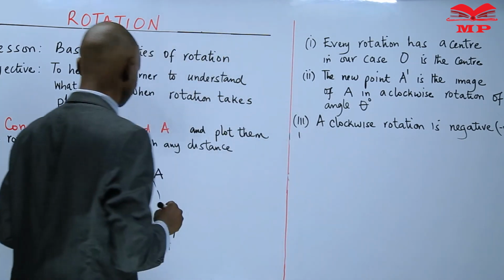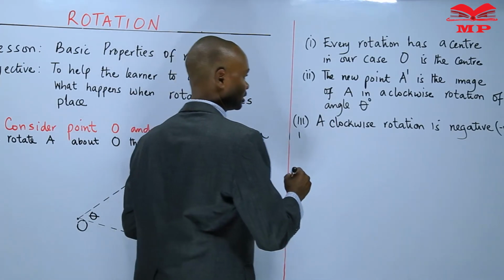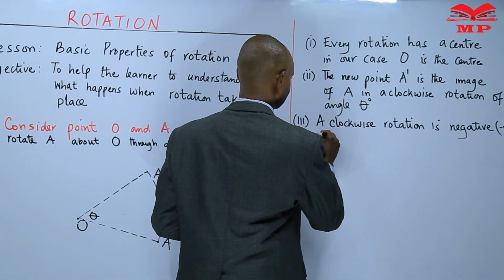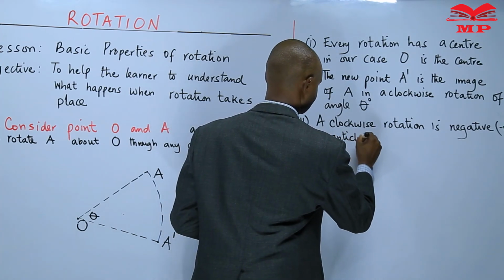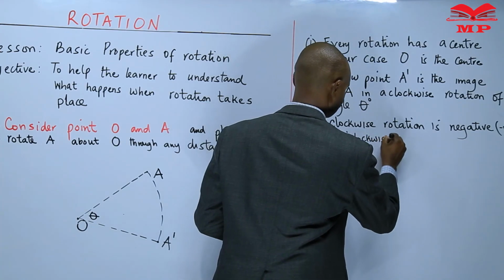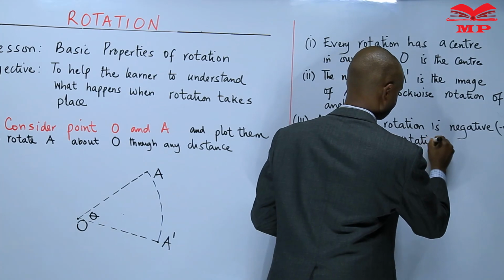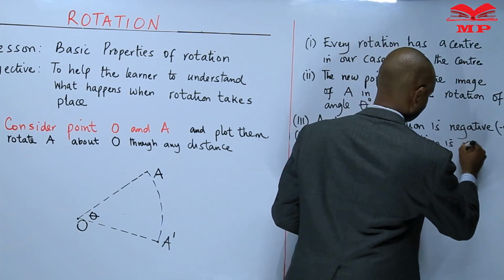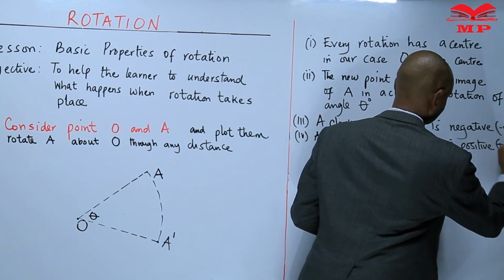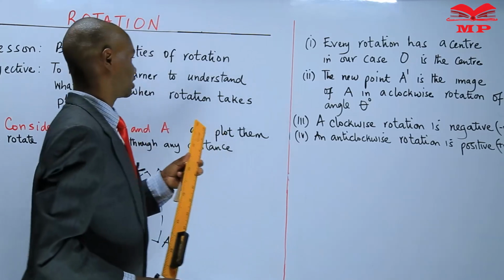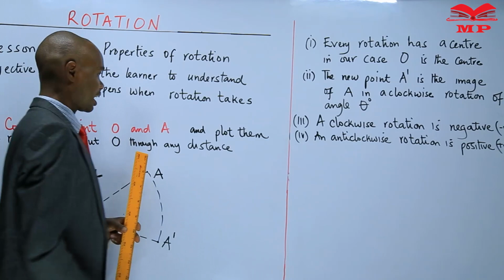So for our case here, it will be negative theta. And an anti-clockwise rotation is positive. As we move even to the Cartesian plane later, you'll find that is what will happen.